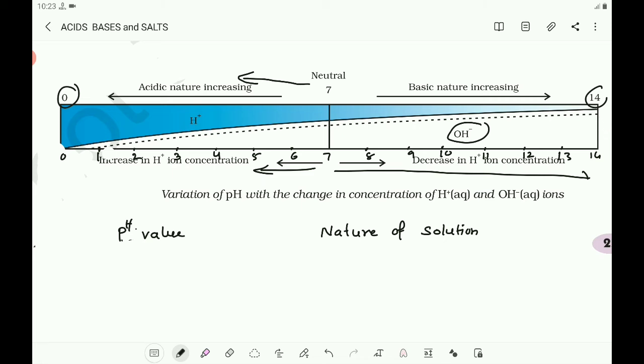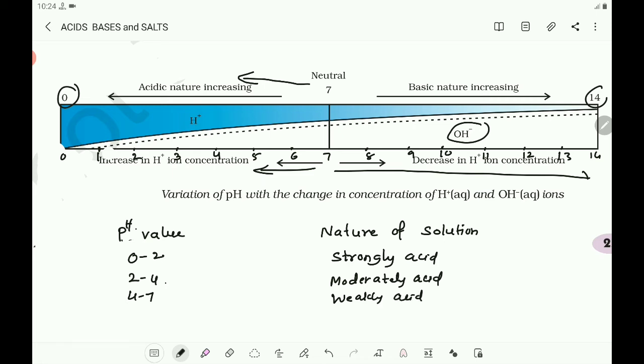Now if the pH value is 0 to 2, it is strongly acidic. If the pH value is 2 to 4, it is moderately acidic. If the pH value is 4 to 7, it is weakly acidic.